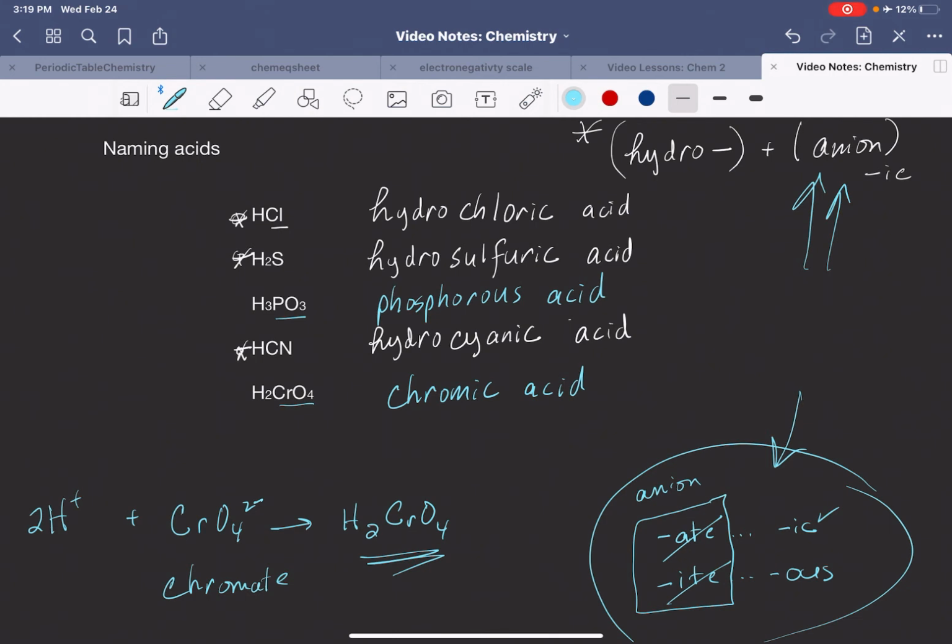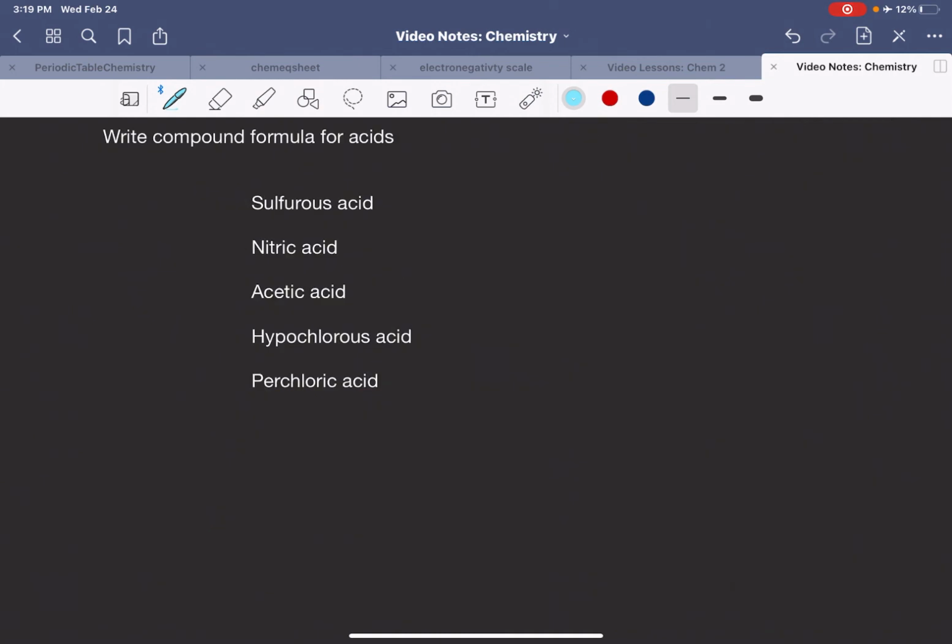All right, let's move on to another little example. Let's write the formulas for these. So we have sulfurous acid. We see it ends in OUS. So remember: ate, ic, ite, ous.